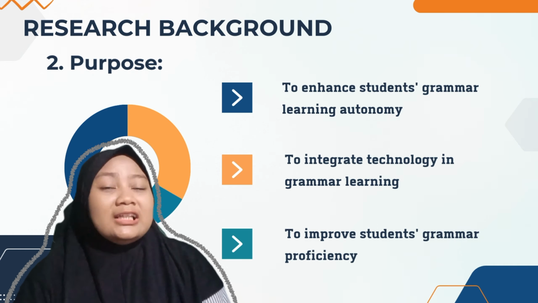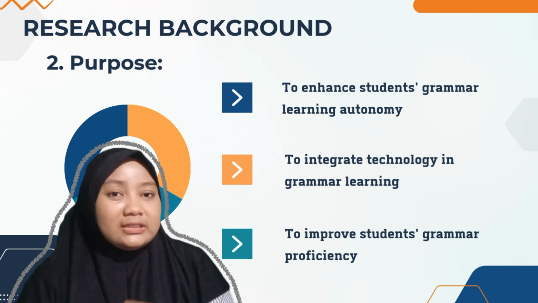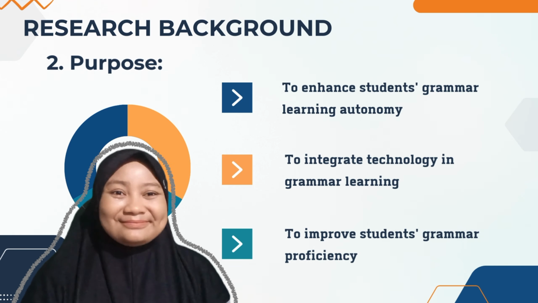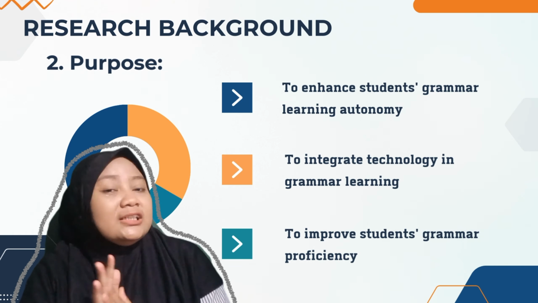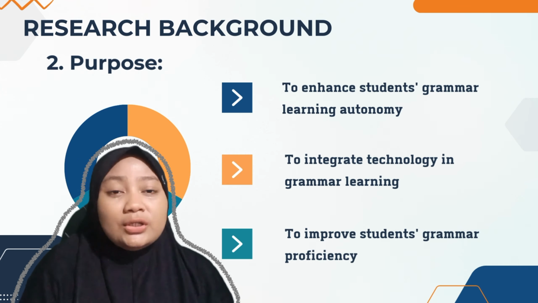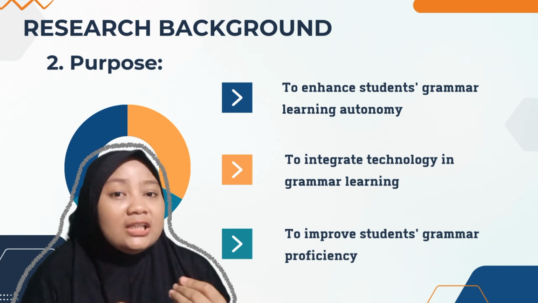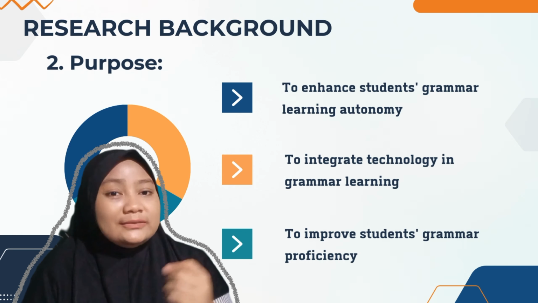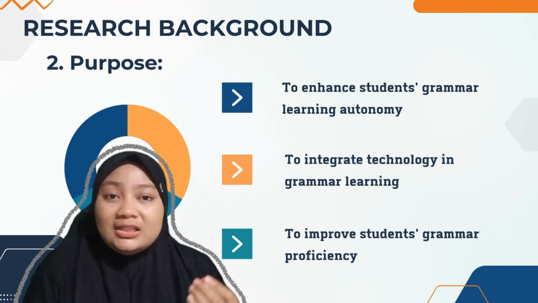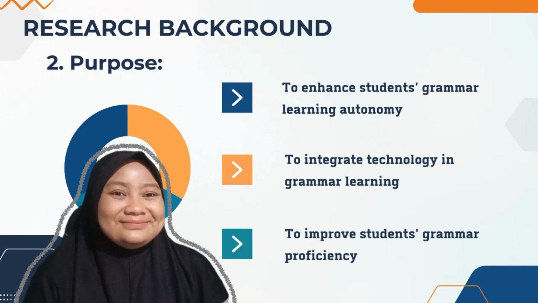For the second part in research background is purpose. To enhance students' grammar learning autonomy. By promoting autonomous learning strategies, the study aims to empower students to take responsibility for their grammar acquisition. Second is to integrate technology in grammar learning.